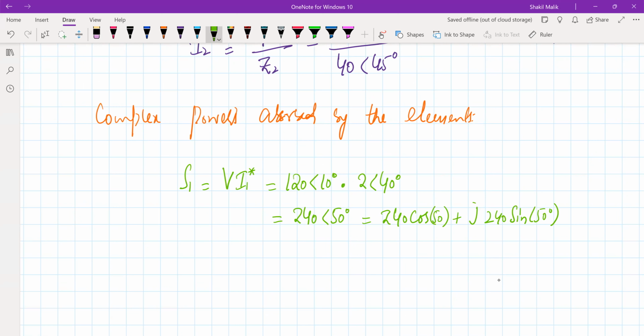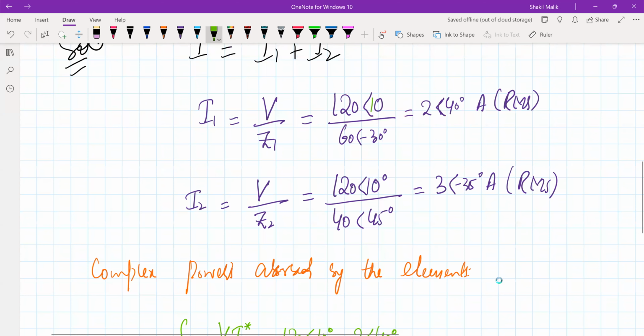Please verify the calculations. So this comes out to be 207.85 plus j 100. I think I did something wrong somewhere.